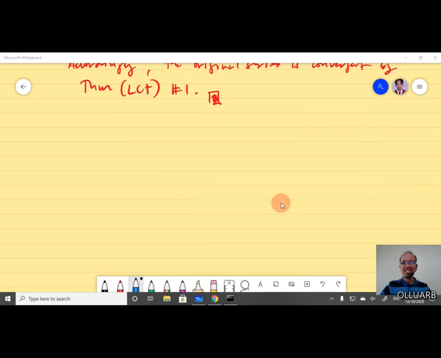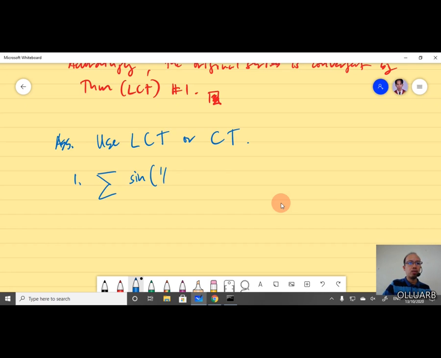So for your assignment, use LCT or CT. Number 1, summation of sine of 1 over n, where n starts from 1 to positive infinity.